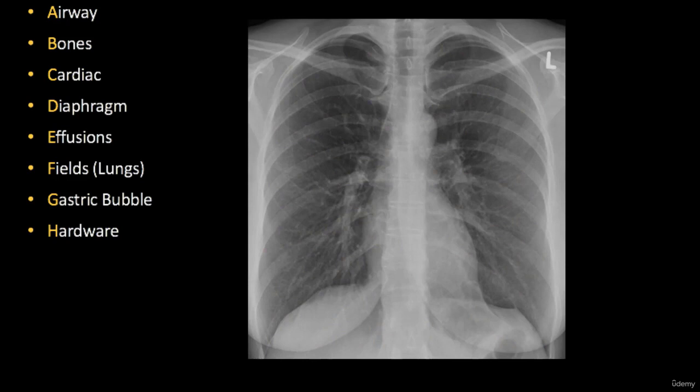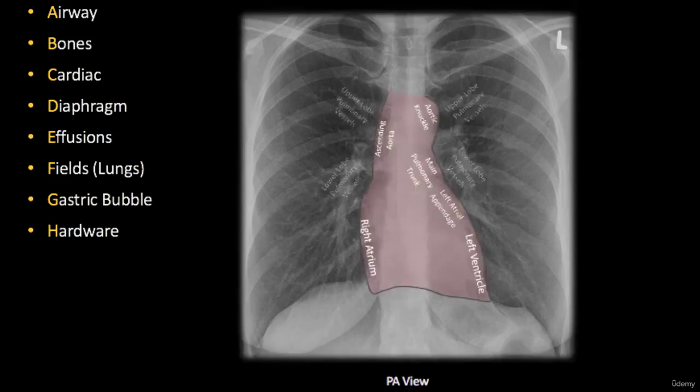The next mediastinal shadow to look at belongs to the heart and great vessels, and it's good to know that the upper part of the mediastinum is filled by the ascending aorta on our right and the aortic arch on our left, and the right border of the heart is made mostly by the right atrium.